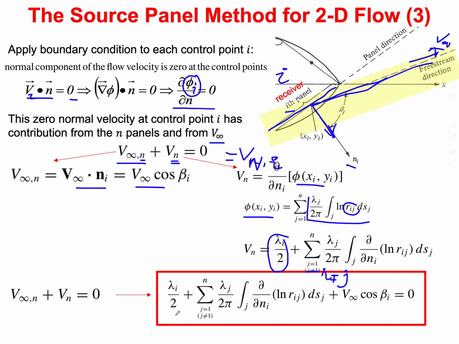So we get the effect of the panel on itself, we get the effect of the n-1 panels on panel i, and then we get the contribution of the free stream on panel i, and we equate that to 0.